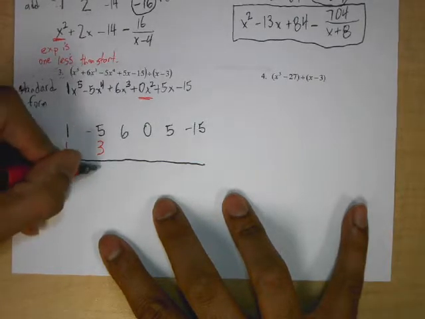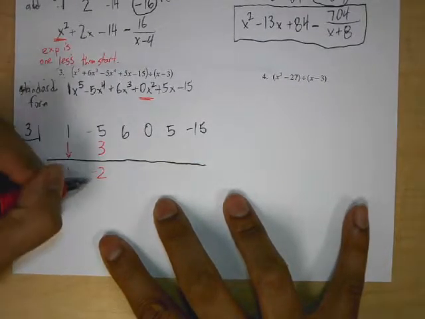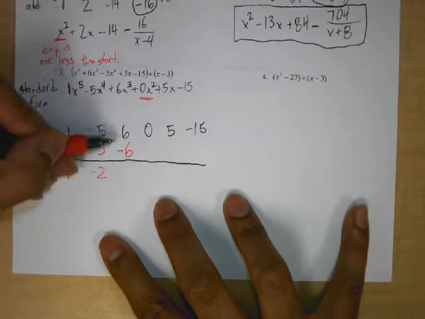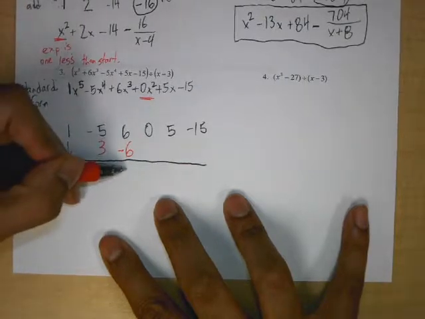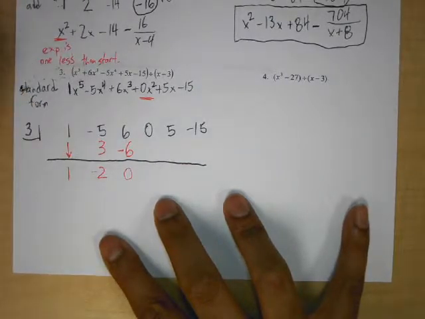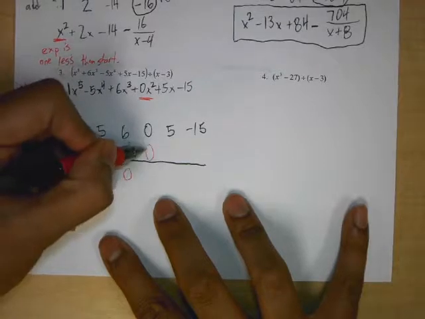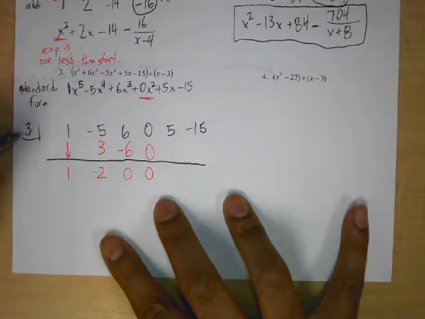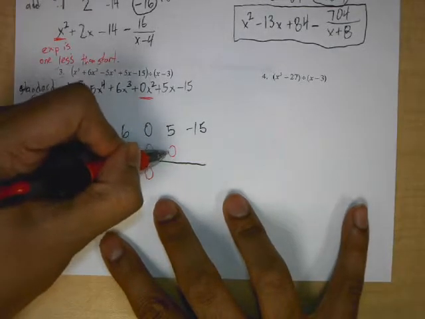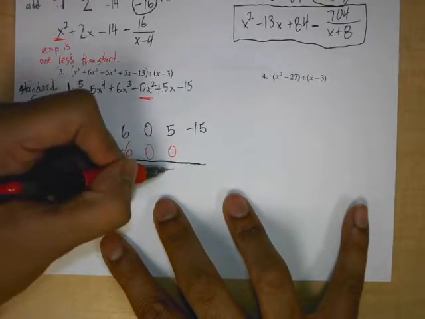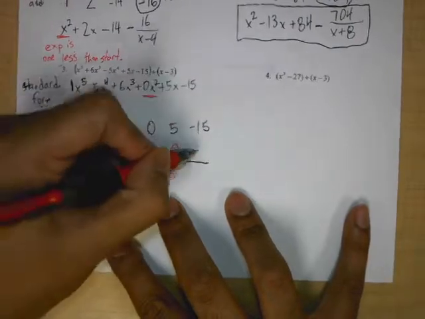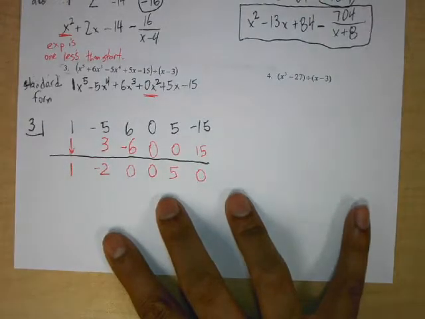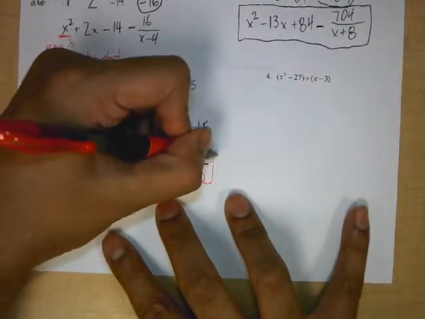We're going to get -2. 3 times -2 is -6. And when I add these together, I'm going to get a 0. Uh-oh, that's a little strange. 3 times 0 is 0. I can again add, get another 0 here. And 3 times 0, oops. Add these two together, and now I've got a 5. 3 times 5 is 15. And I've got this remainder of 0.